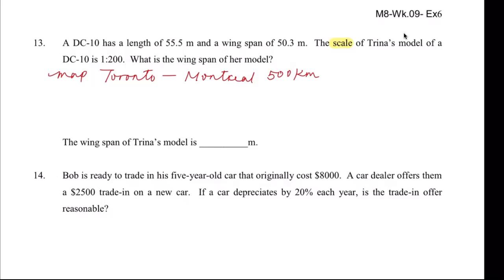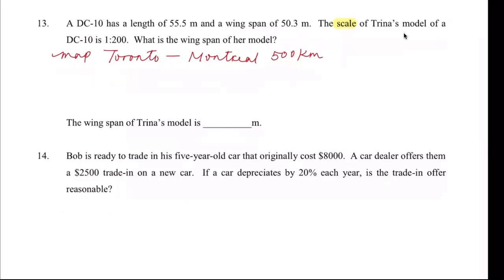Now we know that the wingspan in real life is 50.3 meters. We need to find the wingspan of the model.